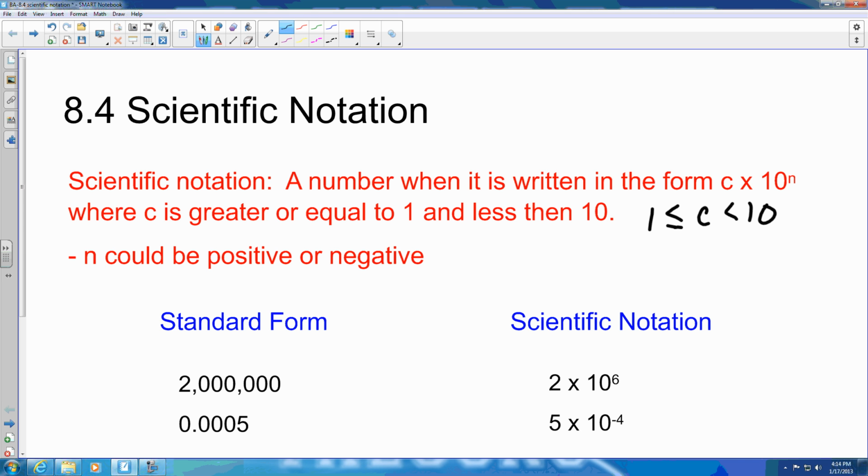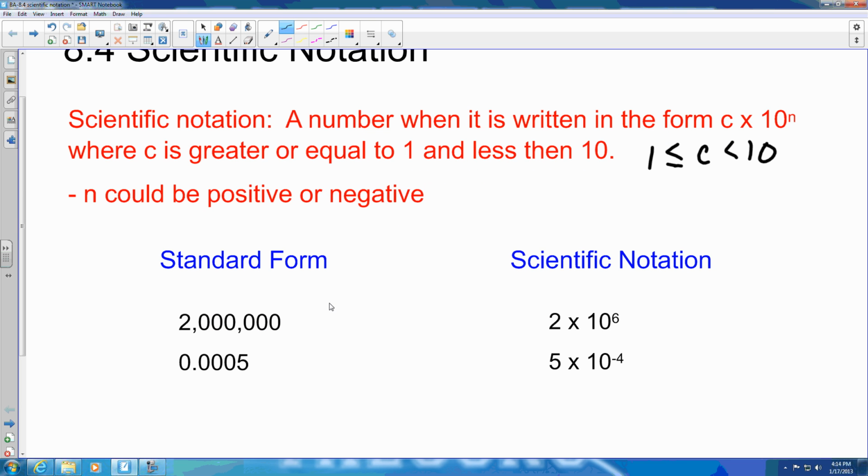So if we look at these examples we have here in the notes, I have in standard form 2 million, and then I have 0.0005. So here's how we write scientific notation. 2 million looks like 2 times 10 to the 6th power. Now you're wondering how we get that.